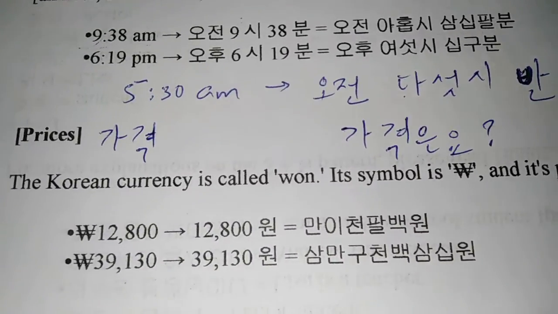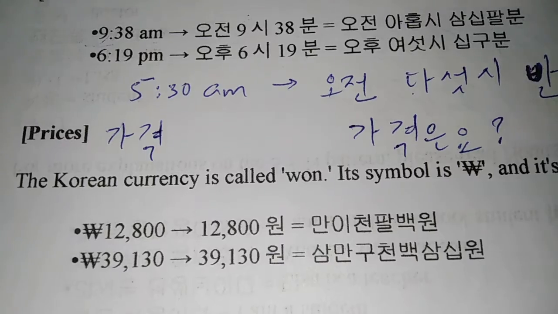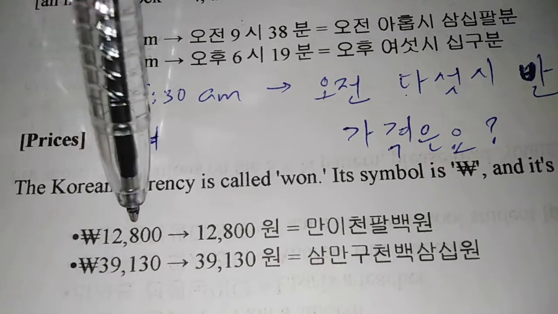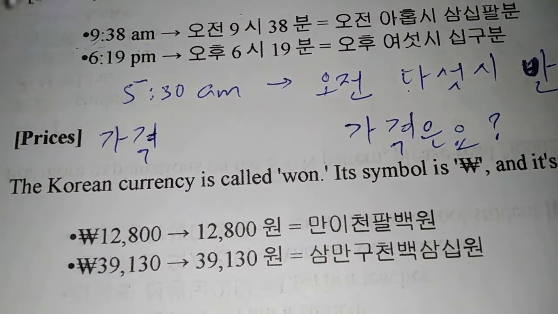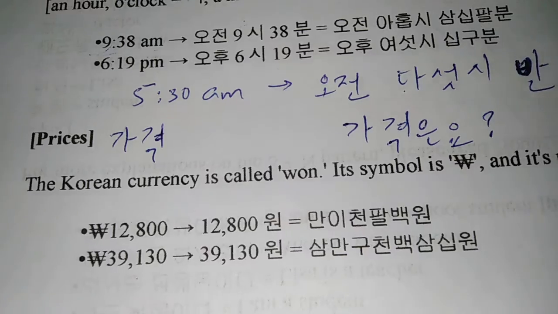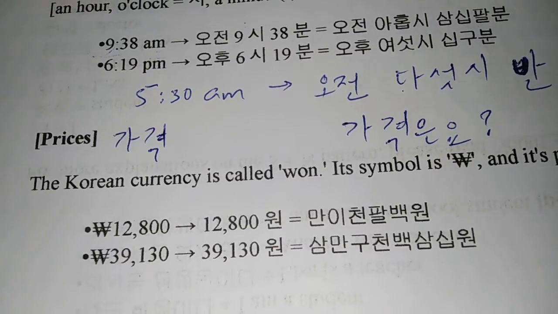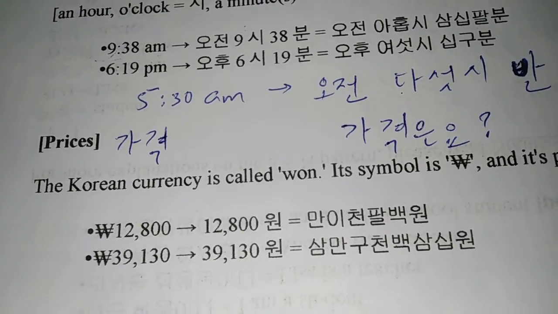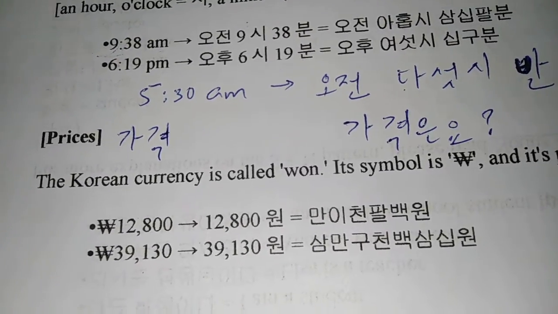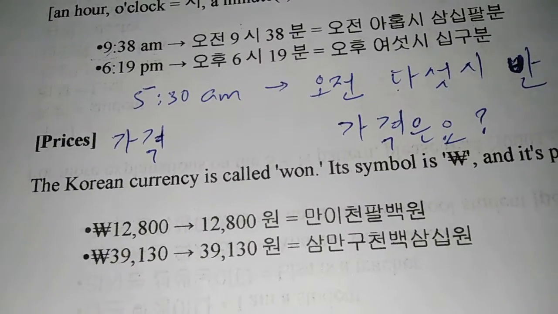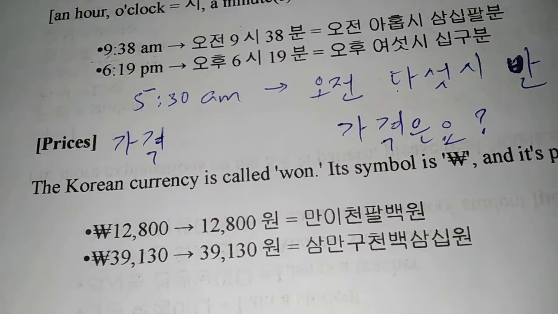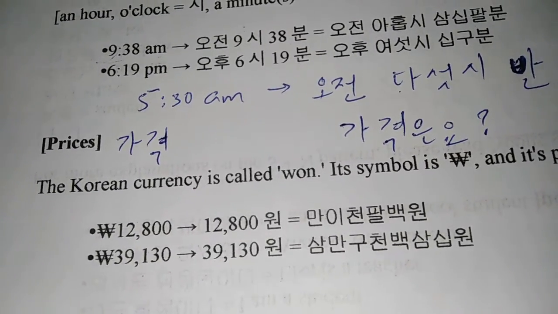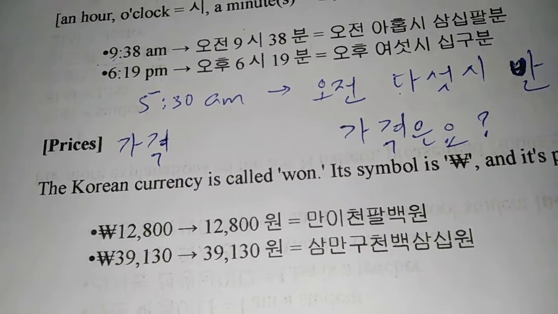So we have some example prices given here. That is 12,800원. Like in dollars or Indian rupees, as in most other currencies, if you're writing the symbol, you would have the dollar sign first. But if you're reading that price out, or telling someone the price, you would say 22 dollars or 20 dollars or 12 dollars, whatever it is.